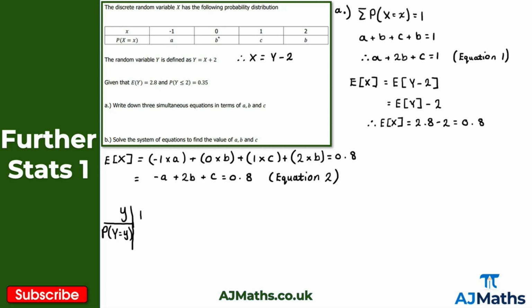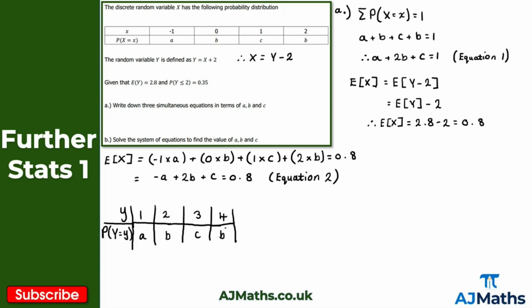It would be 0 plus 2, giving us 2. And now you can see it's just going to keep increasing by 1. So I've got 2 next, then we'll get 3, and then finally we're going to get 4. Now you can see my table is not neat at all. Do use a ruler when you're doing this. I'm doing it freehand. But that's our table there. And the probabilities will match accordingly. So a, b, c, b, it'll be the exact same for this probability distribution as well.